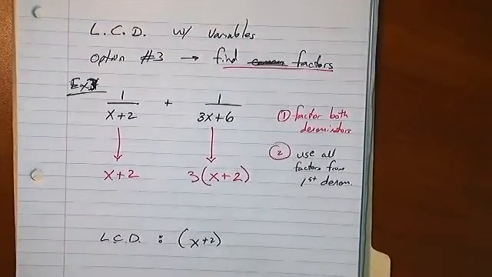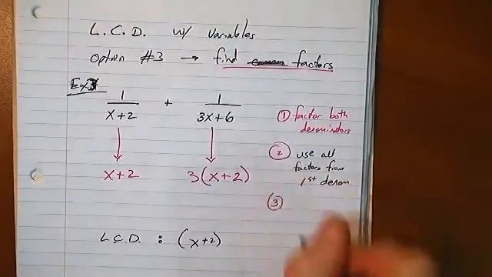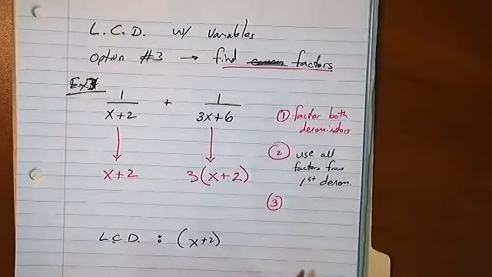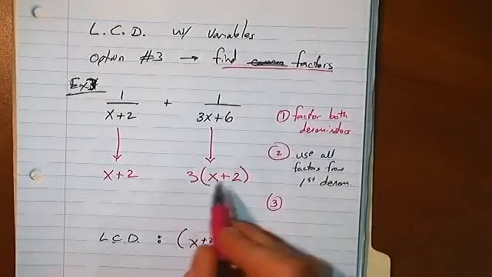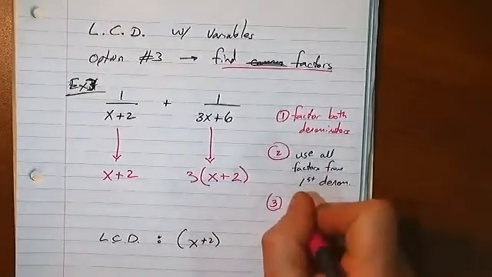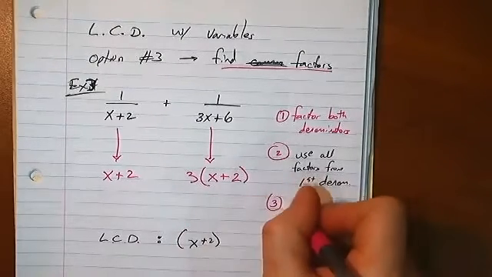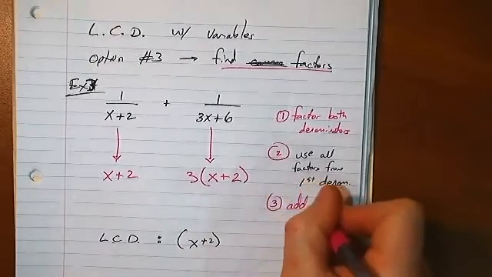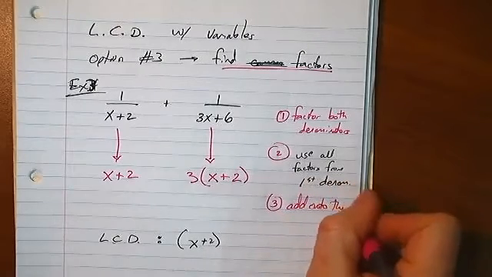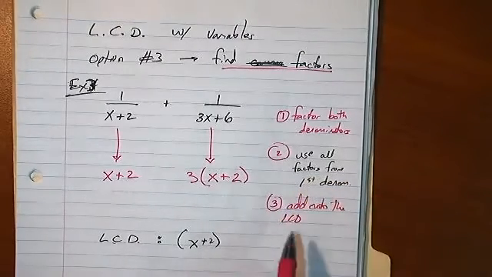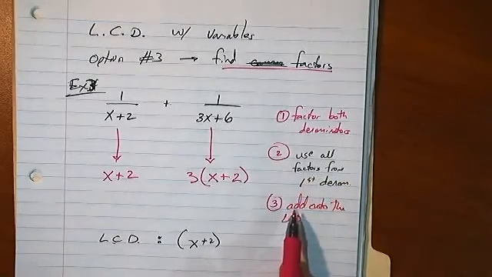And then what I do is I add on to that, or I should probably say multiply onto that, any new factors from the second. So when I say add, I mean combine them.